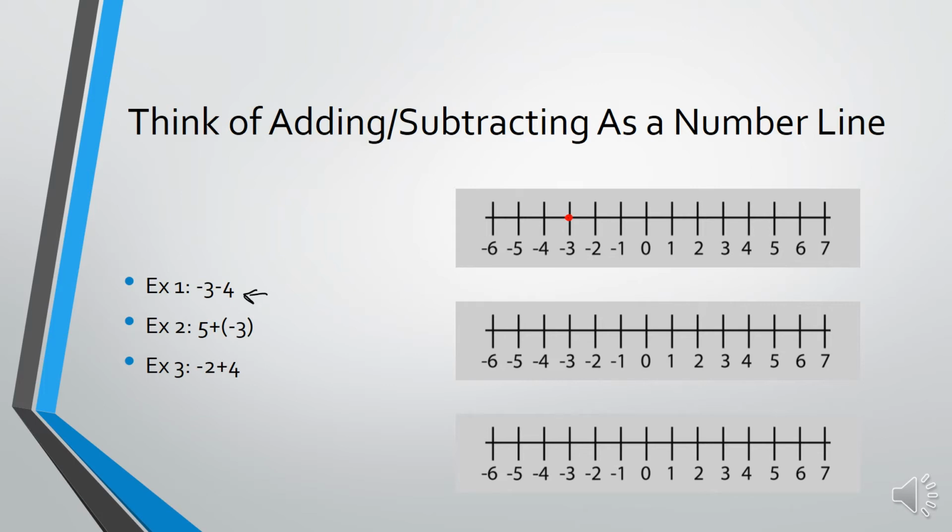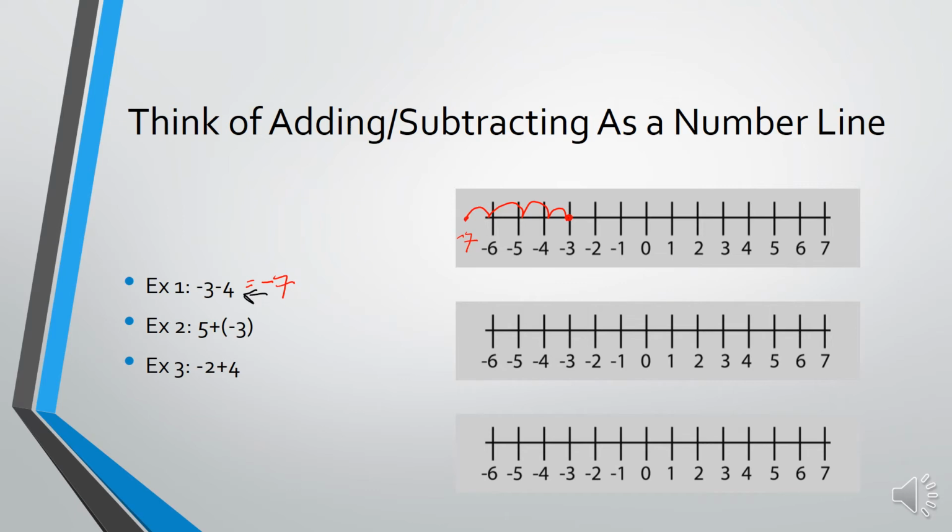Negative means going left, positive means go to the right. So if I start at -3 and I go left 4, that would be 1, 2, 3, 4. We don't have it written there, but it's -7. So -3 minus 4 would give us -7.